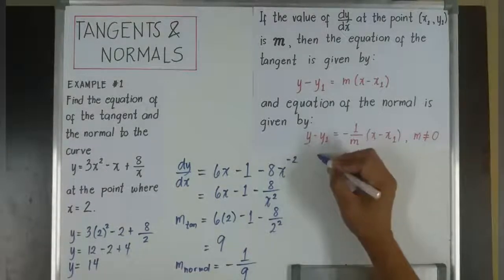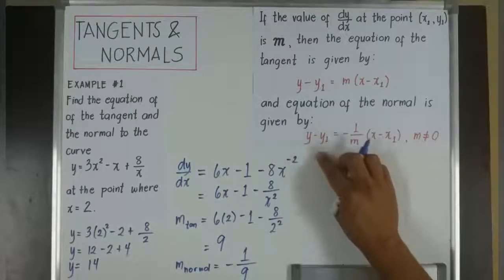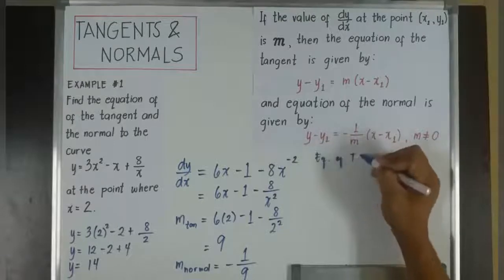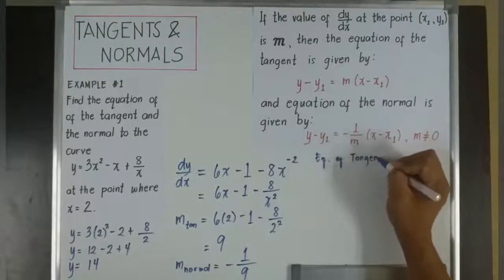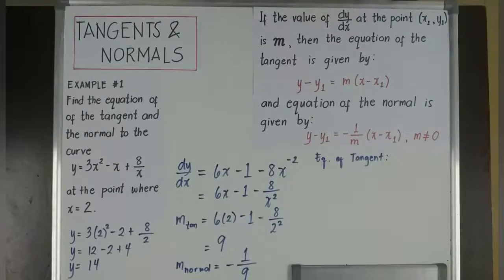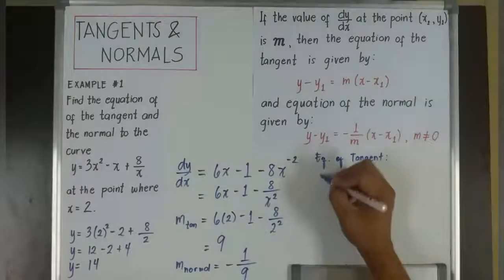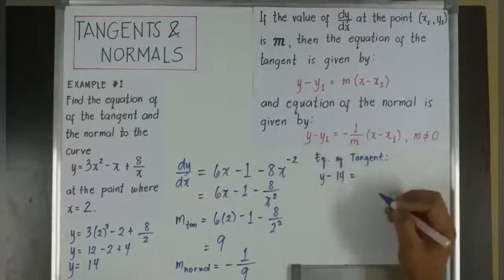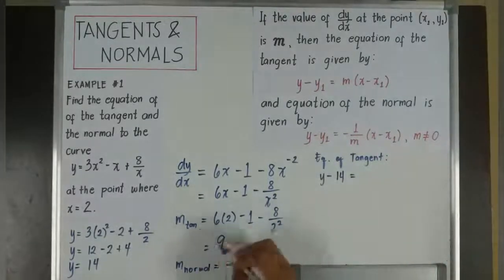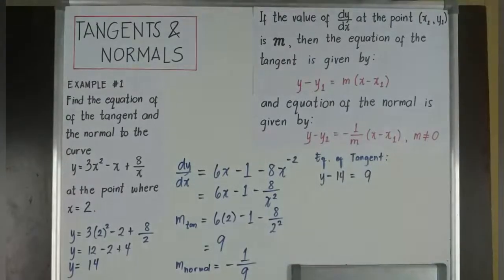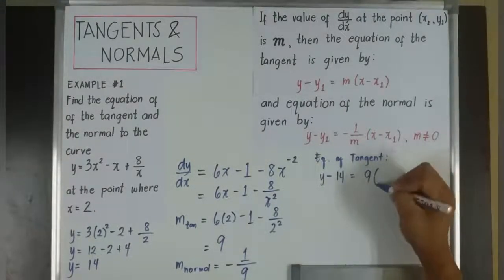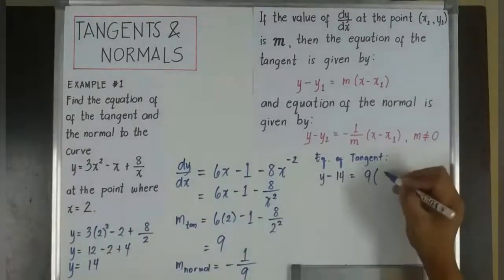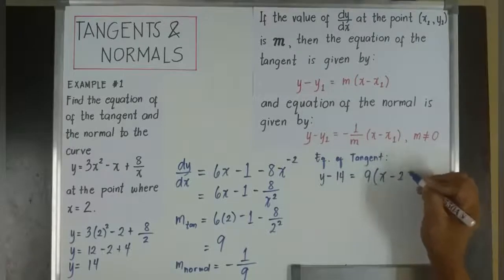To find the equation of the tangent, let's start first with the equation of the tangent. The equation of the tangent is y minus y1, which is 14, equals the gradient of the tangent, which is 9, times x minus 2, where x sub 1 is 2.